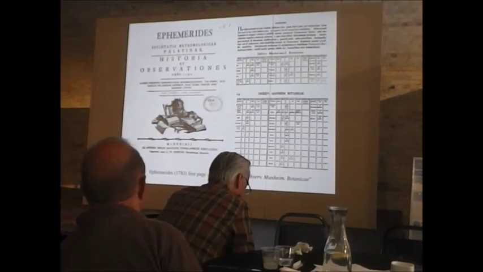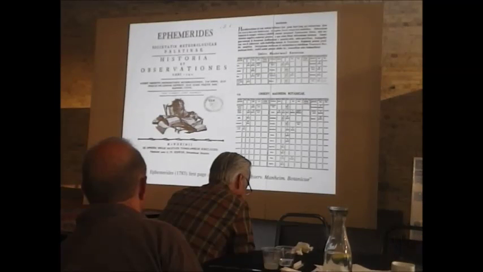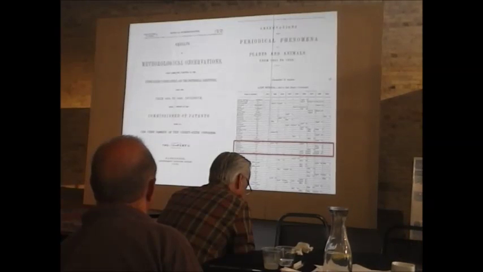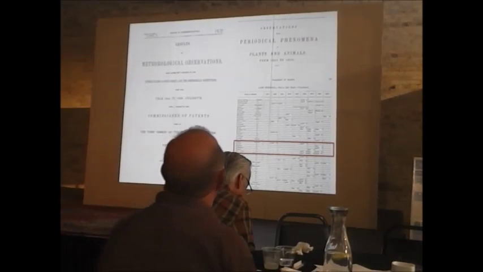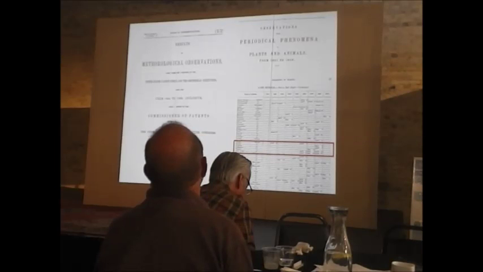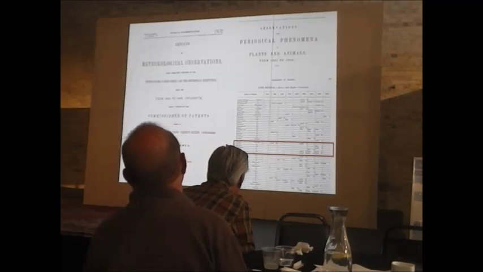So this is an image from a book from the 1700s. This is a pan-European network of botanical observations associated with climate monitoring stations. We had this in the US as well. This is results of meteorological observations conducted by the Patent Office.